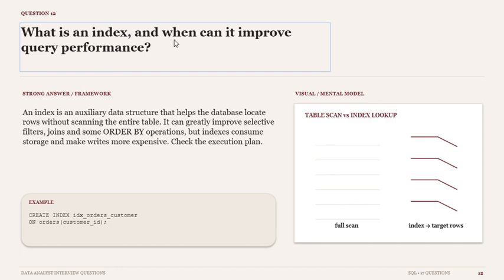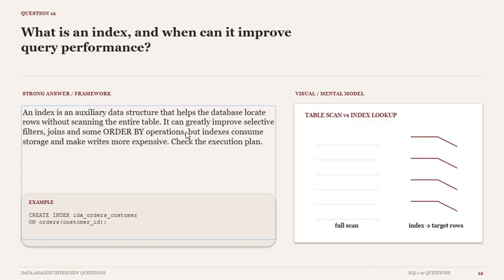What is an index and how can it improve query performance? An index is some kind of a data structure that helps us find where the database rows are without scanning the entire table. Consider a book index. There we have some content topics, and I can go to those topics.